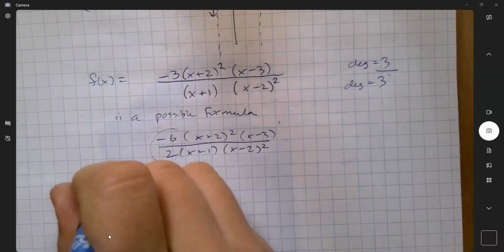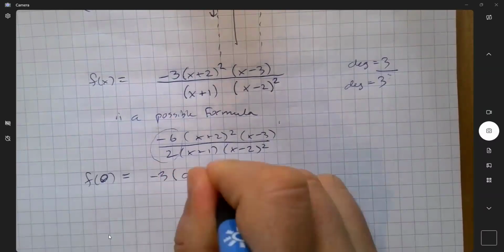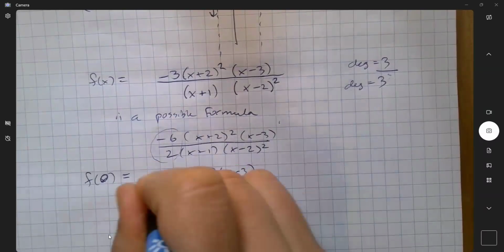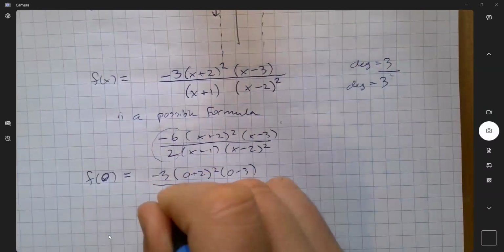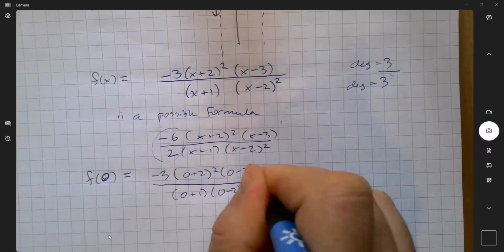It's f, so we'll do f of 0, which is 3 times 0 plus 2 squared times 0 minus 3 over 0 plus 1 times 0 minus 2 squared, which is -3 times 4 is -12, all over 1 times 4. That's the y-intercept. So I could have given that to you at the beginning, but I didn't have to. Knowing the horizontal asymptote gave you that missing piece of information.